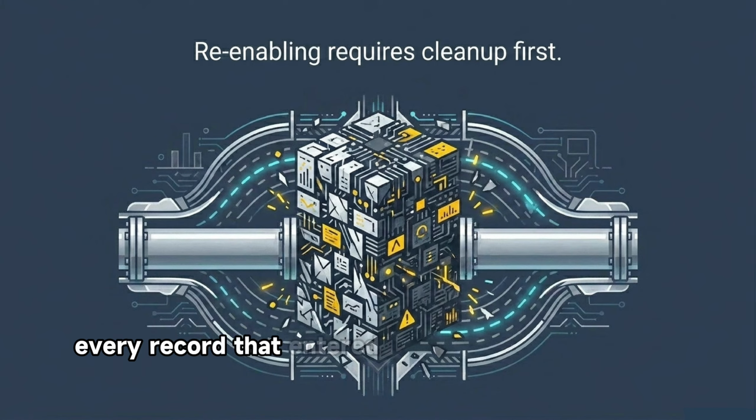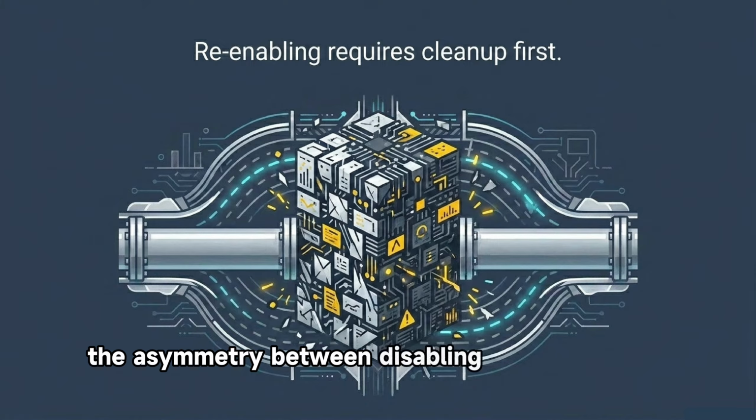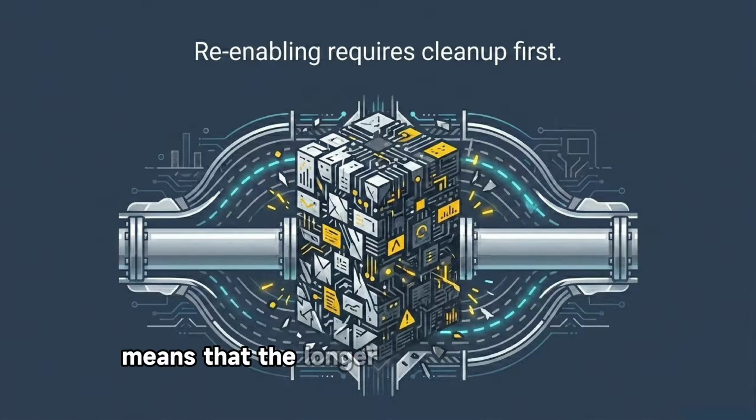Every record that entered while the constraint was off must either be verified to comply or cleaned to comply before the constraint can be restored. The asymmetry between disabling and re-enabling means that the longer a constraint stays off, the harder it becomes to turn back on. Pressure accumulates behind the valve, and the valve stays closed.